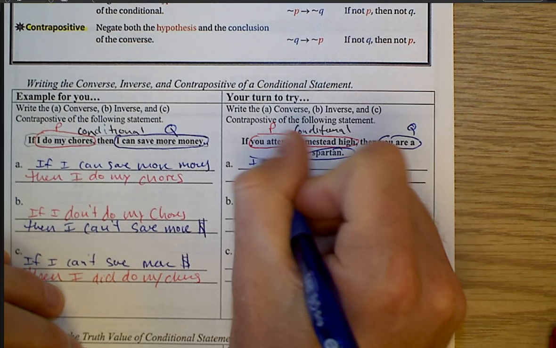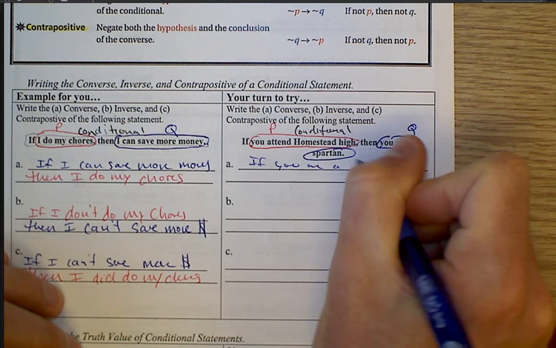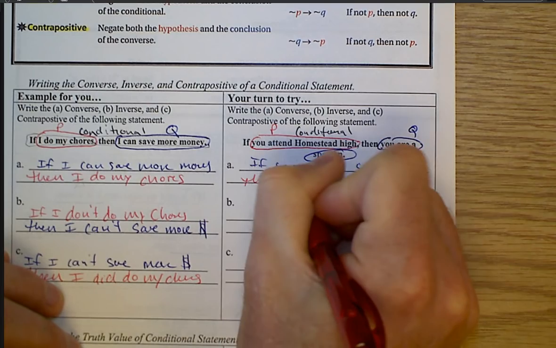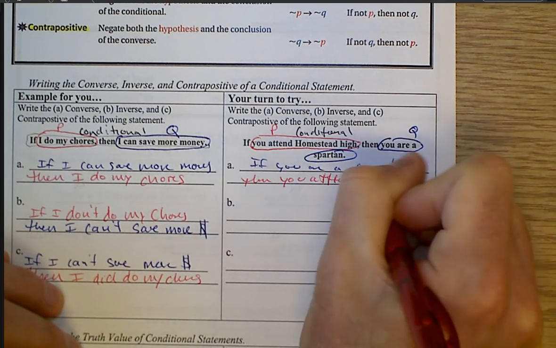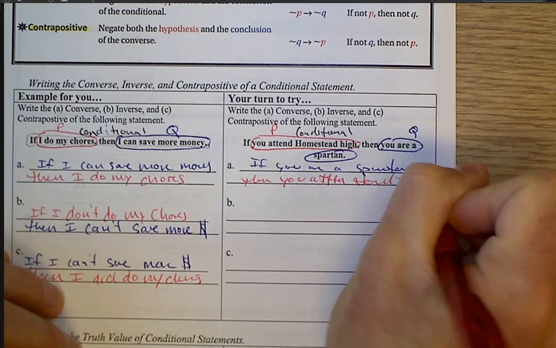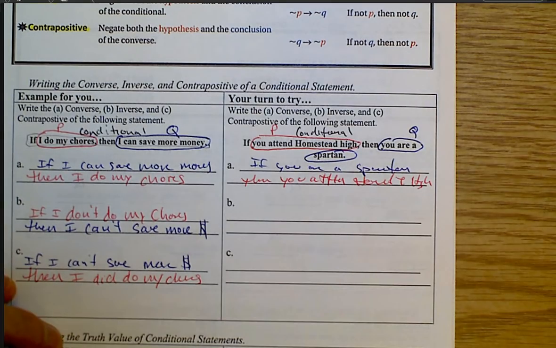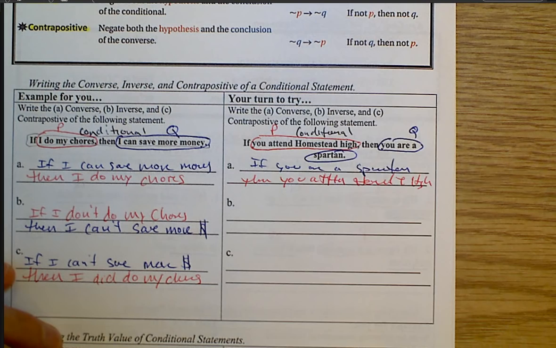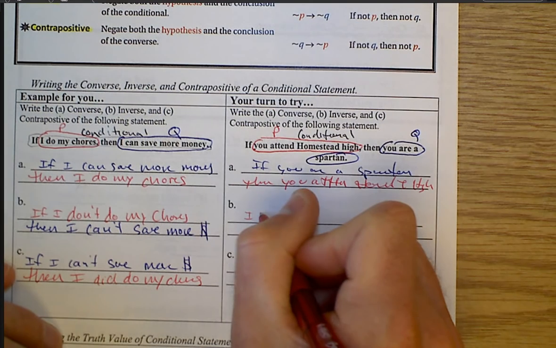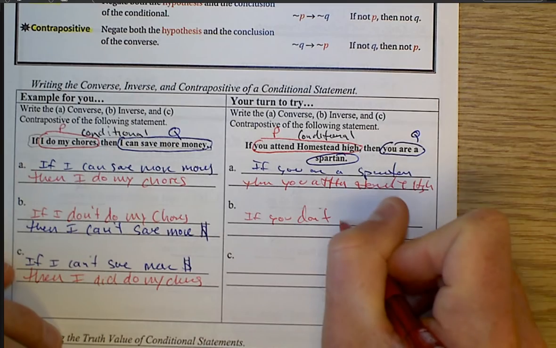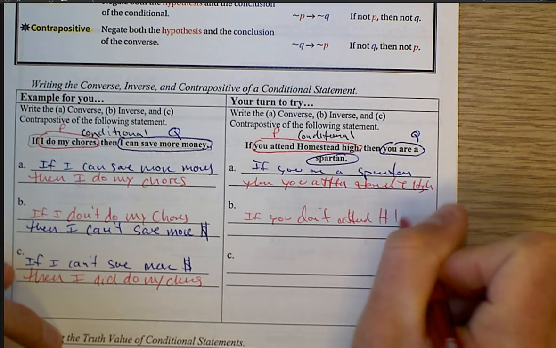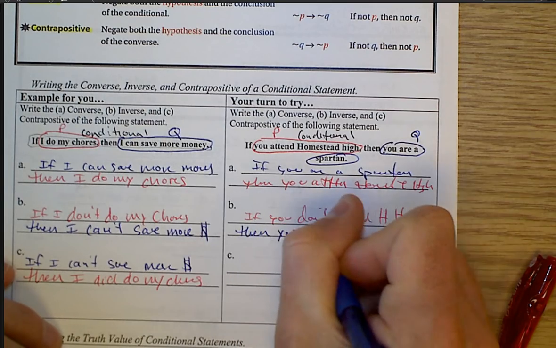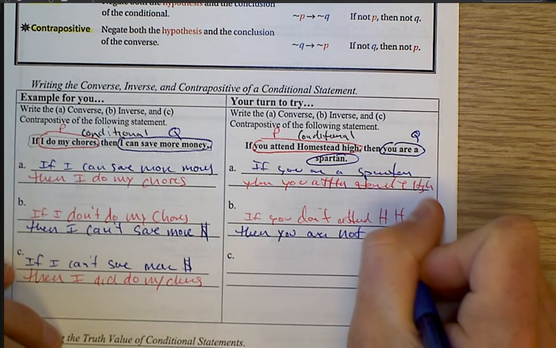If you are a Spartan, then you attend Homestead High. I can't even read that. Part B, inverse. Inverse is where you negate the hypothesis and conclusion. If you don't attend Homestead High, then you are not a Spartan.